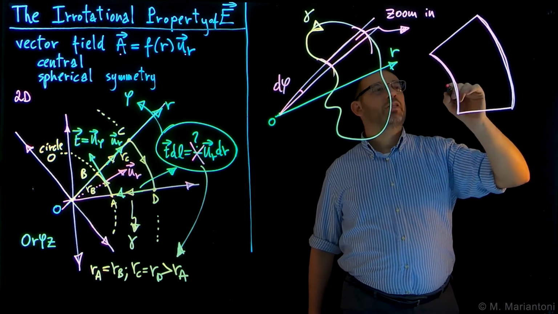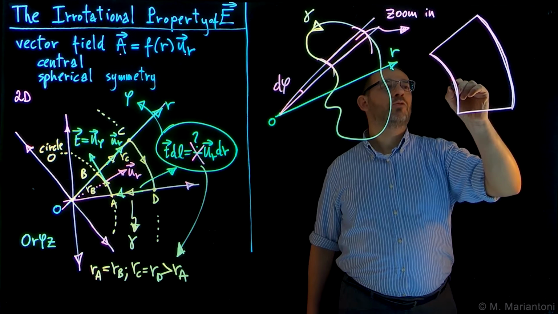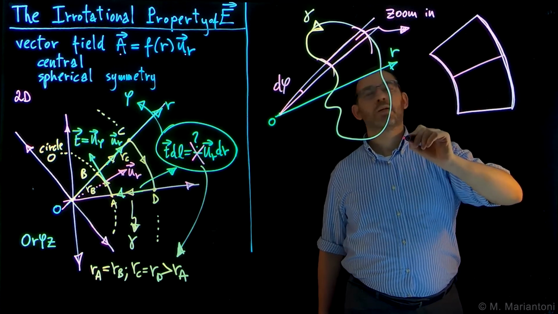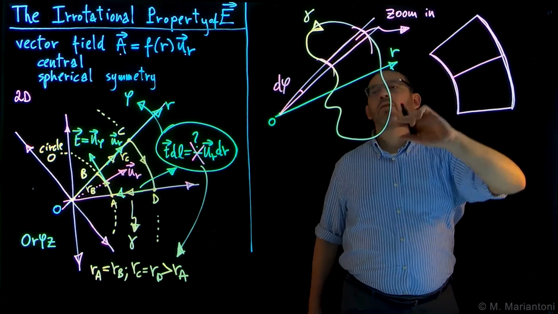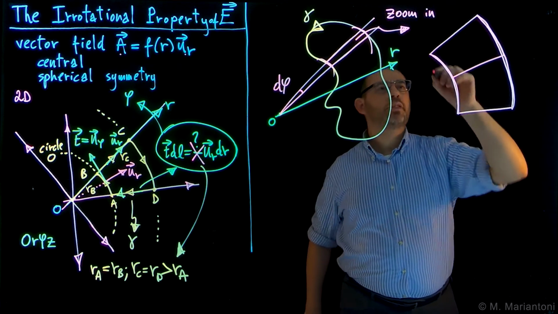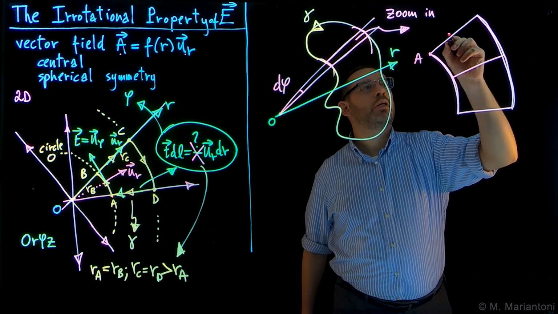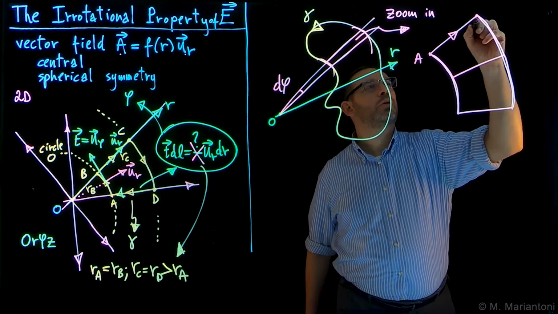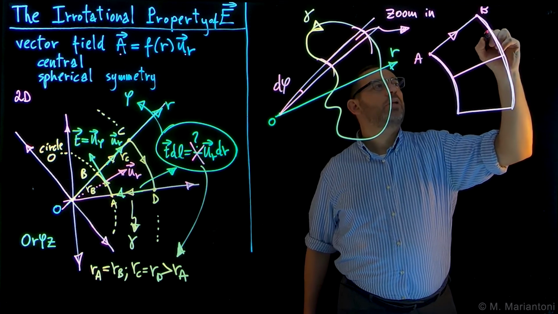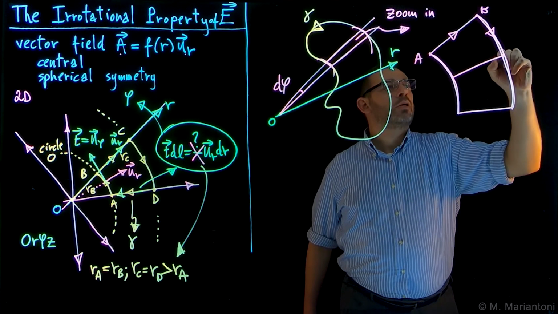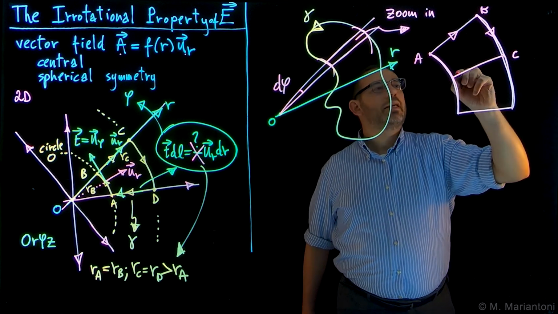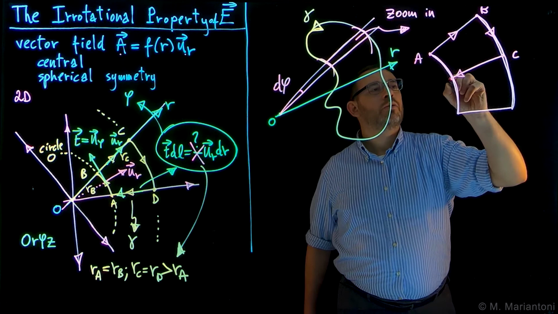So let's further split this line into two sublines, where each of these angles will be d bar phi divided by 2 if you want. And so let's say that this is point A. So from A we go in this direction to point B. From point B in this direction to point C. From point C in this direction to point D.